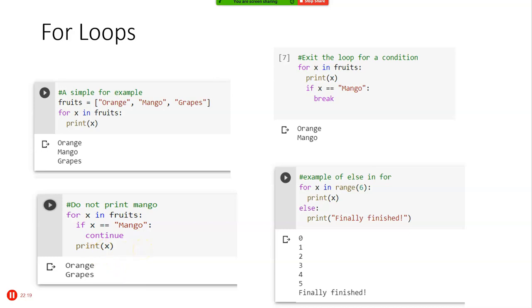Clear? And you are exiting the loop. It starts with orange, mango. If x equals mango, break. It prints orange, mango, and then if x equals mango, it is not allowing the system to print grapes. Understand?